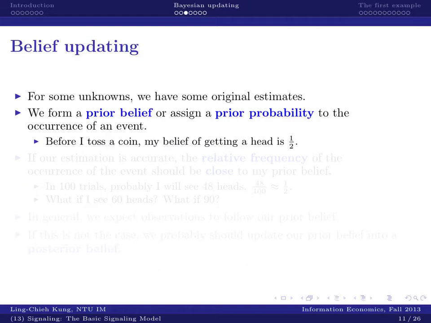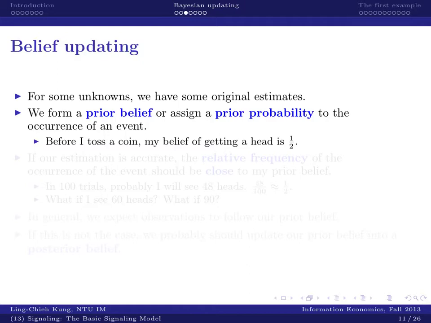For example, if I give you a coin, it's possible that your prior belief for getting a head is 1/2. So you assign different probabilities to different possible realizations. If I give you a dice, then your prior probability will consist of 6 numbers.